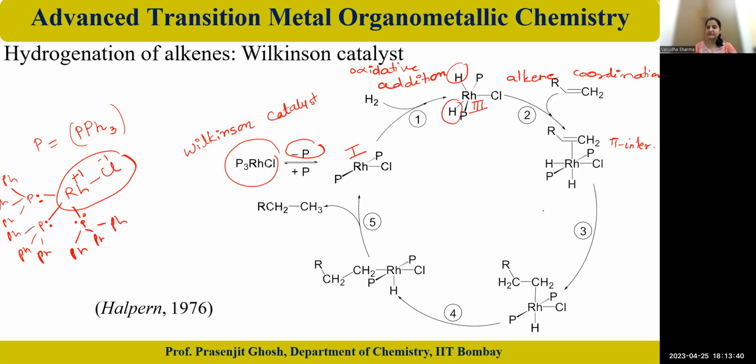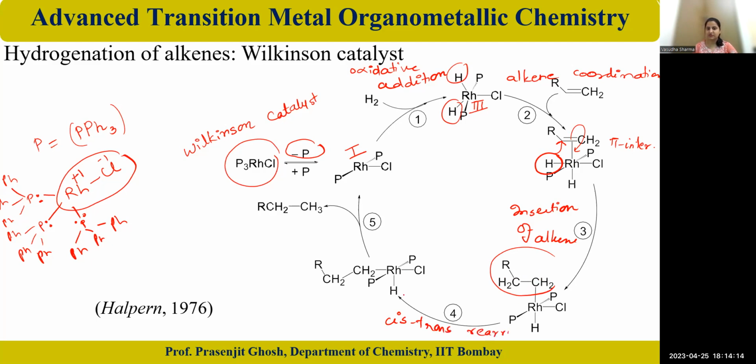The third step is the insertion of your alkene. The hydride which is near to this carbon will go and attack over here, and then CH2 will attack on your rhodium, and therefore this process happens, and now it has lost its unsaturation. Once this is there, a cis-trans rearrangement happens.